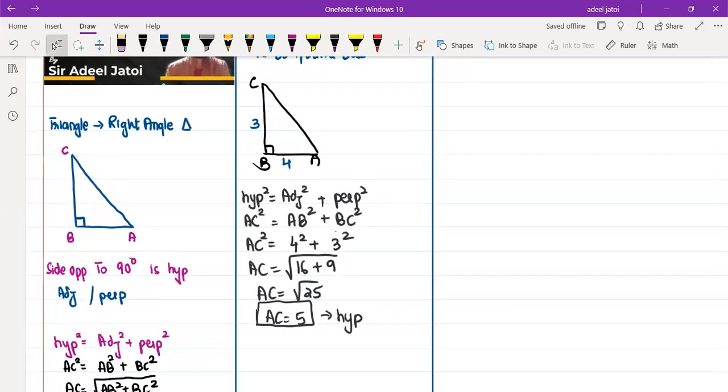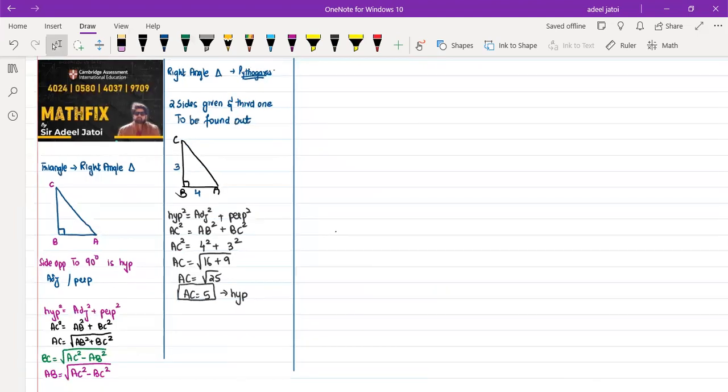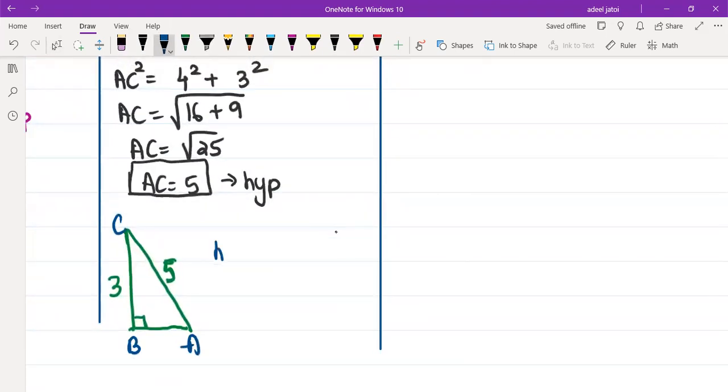Now, knowing the fact that since AC is 5, there can be a question where you could be given the right angle triangle and hypotenuse can be 5 because this is opposite to what? 90 degree, and the other side can be 3. So if you want to find out, let's say this is A, B, and C, and in this we need to find out AB. So hypotenuse square is equal to adjacent square plus perpendicular square.